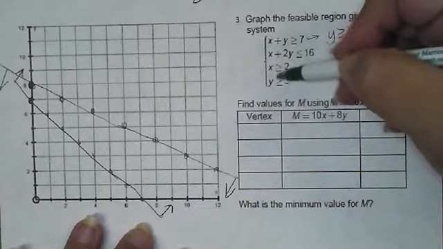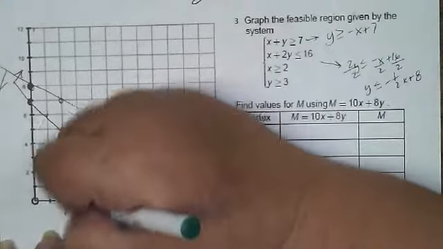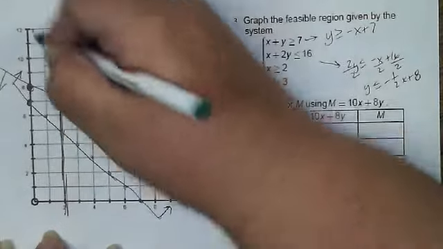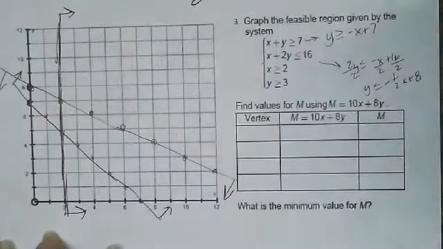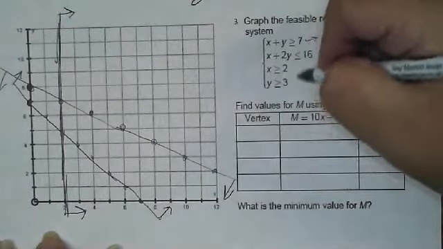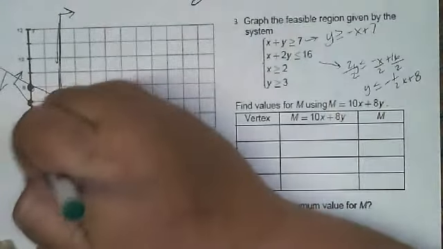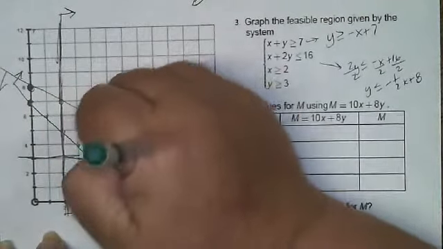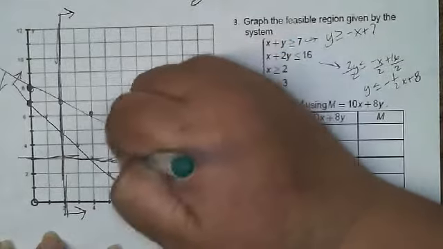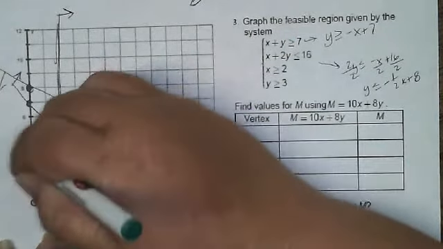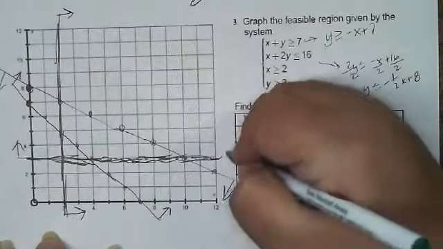The vertical line, x is greater than or equal to 2, is the whole 2 line to the right because it's greater than. And y is greater than or equal to 3 is a horizontal line, and it's shaded above.